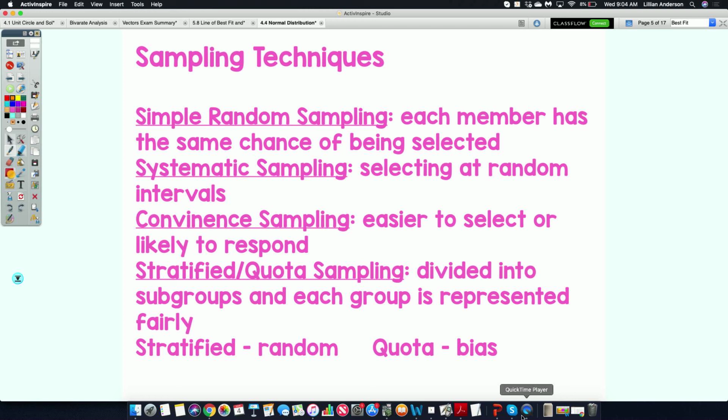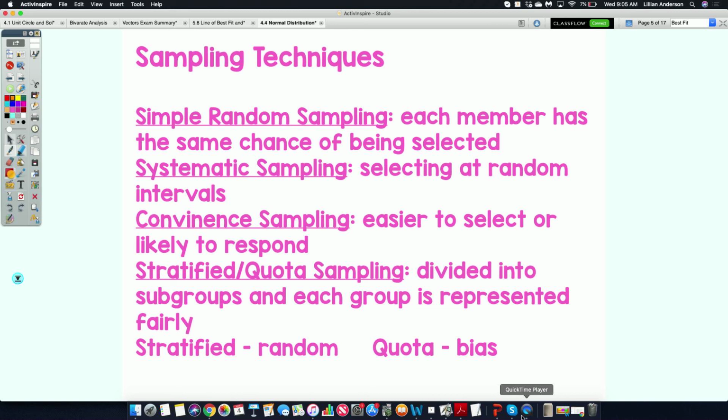Every student has the opportunity to participate in the survey because he emailed it to every single student. It's non-biased. Everybody has an equal chance of participating in the survey. Does that make sense with simple random sampling?